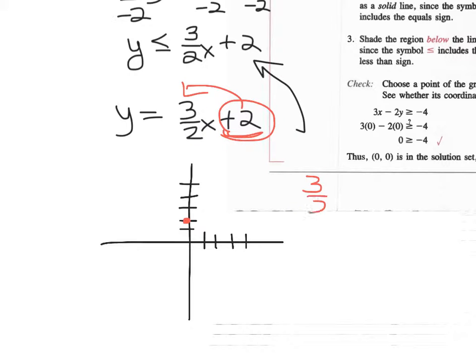So my slope is 3 over 2, so I'm going to rise up 3. And then I'm going to run to the right 2. So 1, 2, 3, and then over to the side 2. Now, if you look at your symbol, notice it's a less than or equal to. So when I connect my points to make my boundary line, it's going to be a solid line.